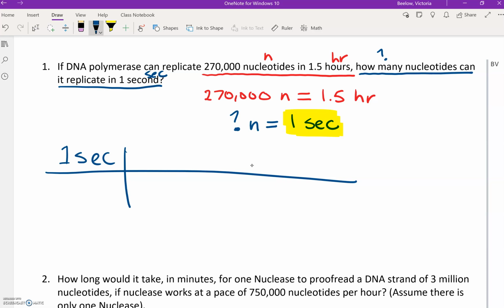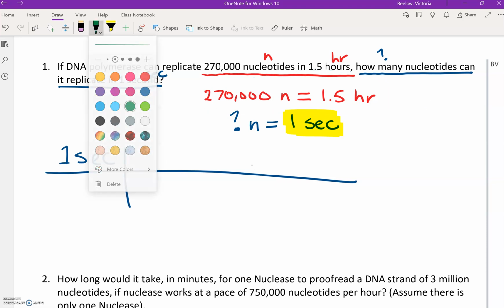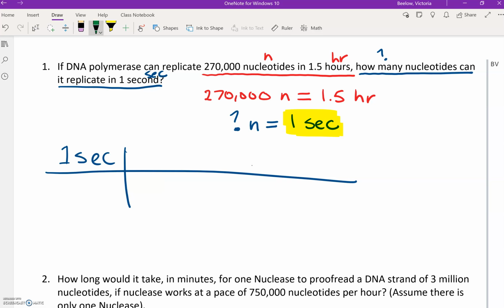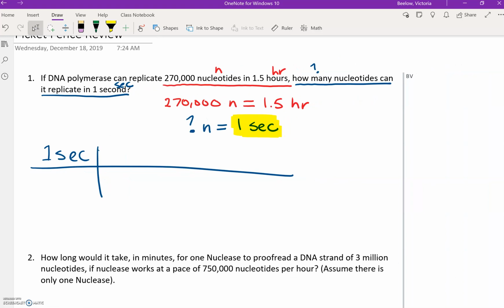So what we're trying to do is convert 1 second into nucleotides. And in order to do that, we're going to have to use some of the unit conversion factors, which I call equalities. Now, there are some equalities that aren't given to you in the problem, but you would just know them. Oftentimes, this has to do with time. I see that I'm going to be dealing with hours and seconds, so I'm going to need some type of unit conversion to get between hours and seconds.